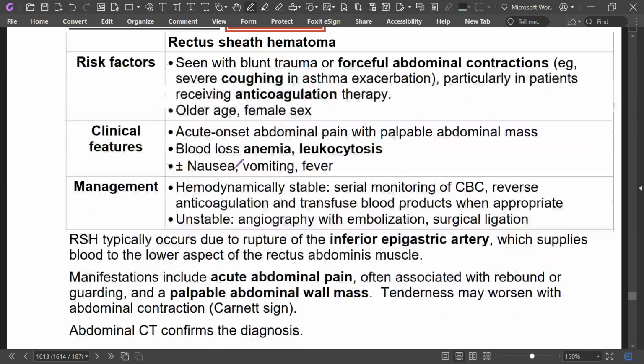Nausea, vomiting, and fever can happen. In a hemodynamically stable patient, do serial monitoring of the CBC, reverse anticoagulation, and transfuse blood products when appropriate. In unstable patients, angiography with embolization and surgical ligation.